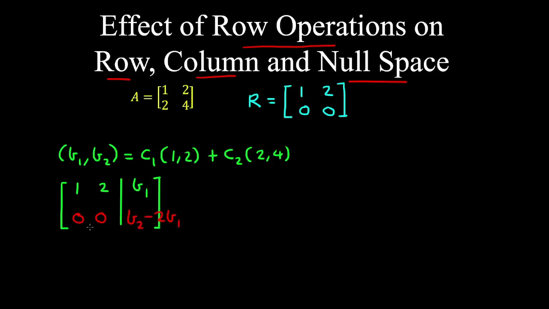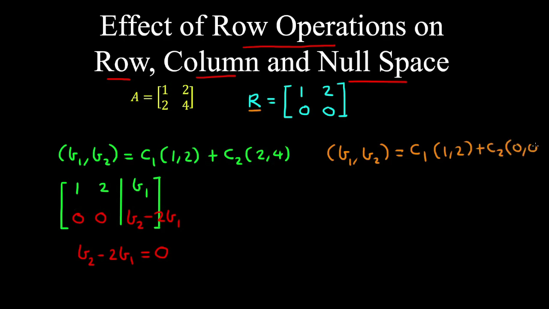So for this to be consistent, we have B2 minus 2B1 must be equal to 0. Now similarly, we can write an arbitrary vector with components B1, B2 as a linear combination of the row vectors of the reduced matrix. So that'll be C1 by 1, 2 plus C2 by 0, 0.